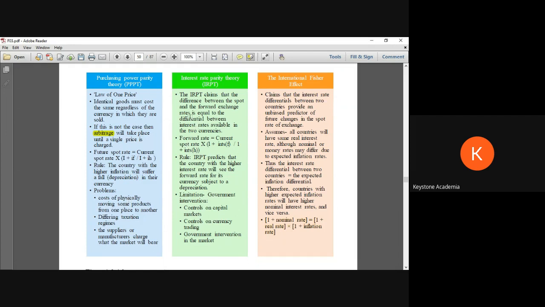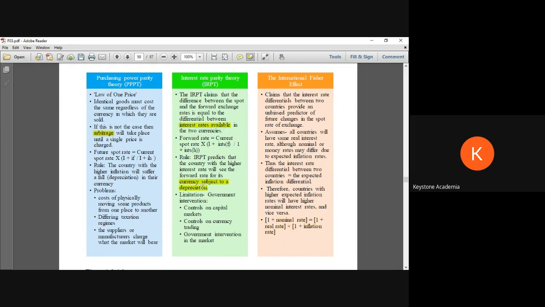Next is IRPT. This claims that the difference between the spot and forward exchange rate is equal to the differential between interest rates. Whatever the interest rate, based on that, the currency's future rate should be. Same thing, it predicts that the country with a higher interest rate will see the forward rate for its currency go down.